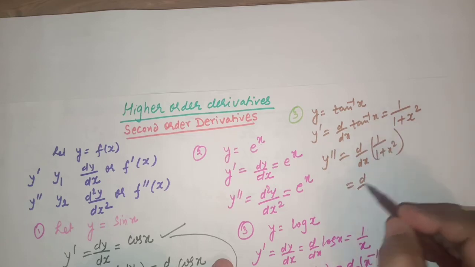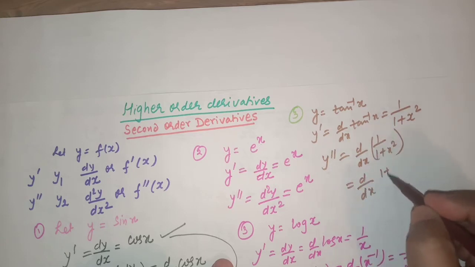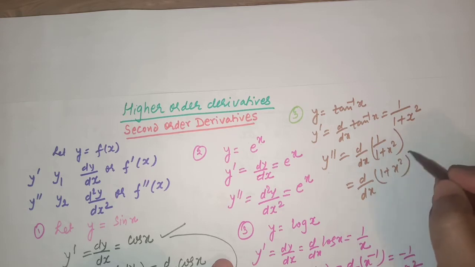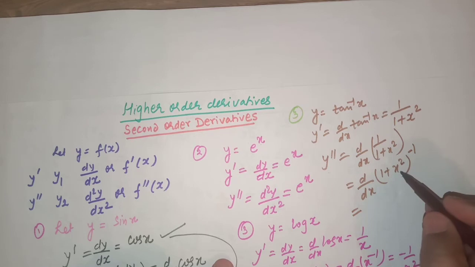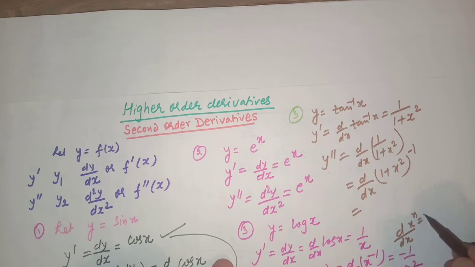Now we can write it as (1 plus x square) raised to minus 1. Now applying the chain rule, along with the rule d by dx of x raised to n is n x raised to n minus 1. Clear?